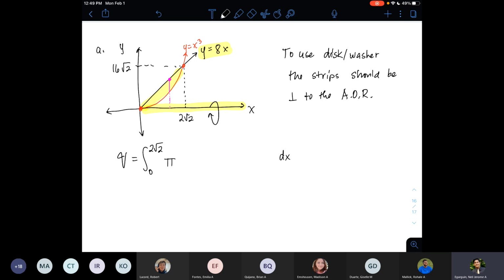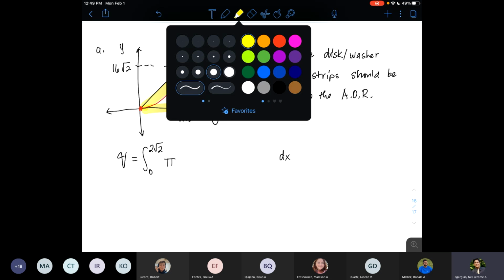It's basically like an ice cream cone with a curvature inside, but nonetheless, there would be an empty region inside. Another indication that there would be a hollow inside your solid is that if you draw the vertical strips coming from the AOR towards the end of the region, like what I did here, notice this part.